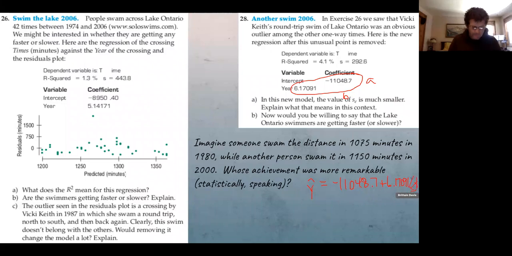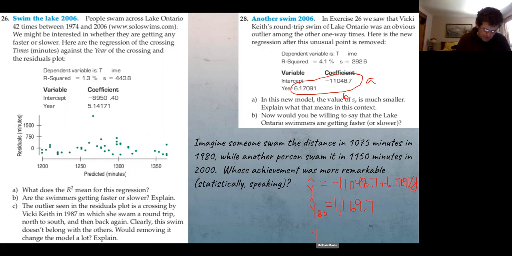Okay, there it is. So if I do that for 1980, I'm just going to do this on the calculator, but not write it out. It looks like I would predict someone would finish that in 1980 in 1,169.7 minutes. So this is y hat for 1980.